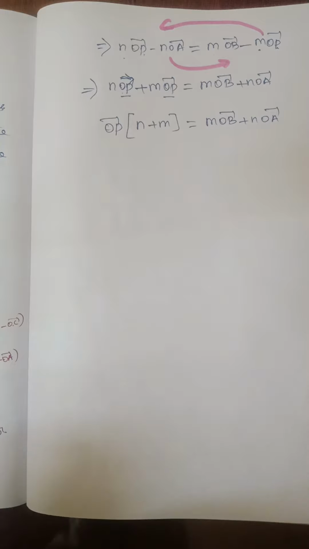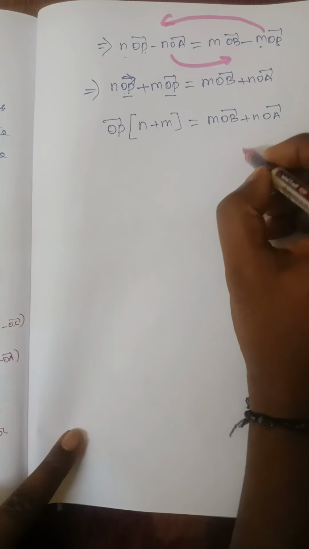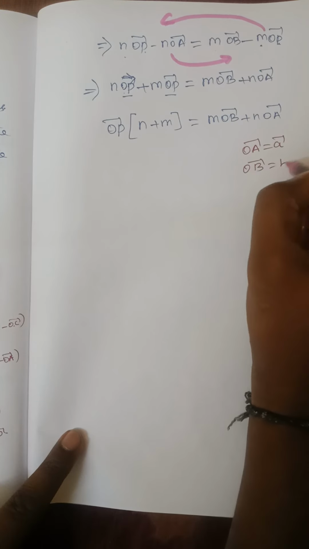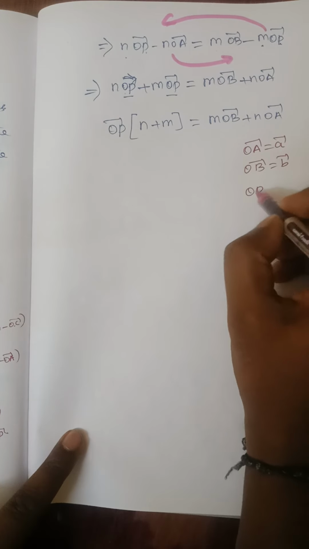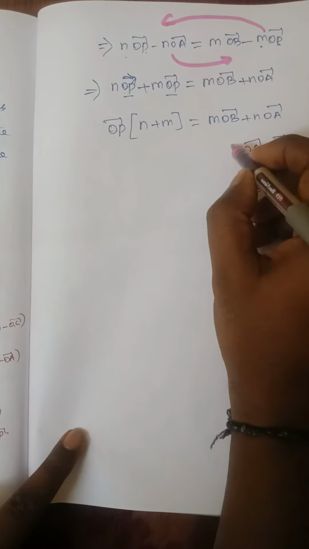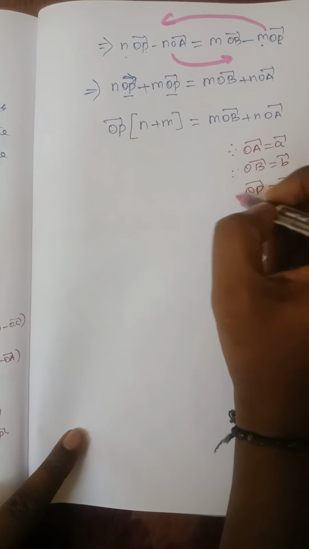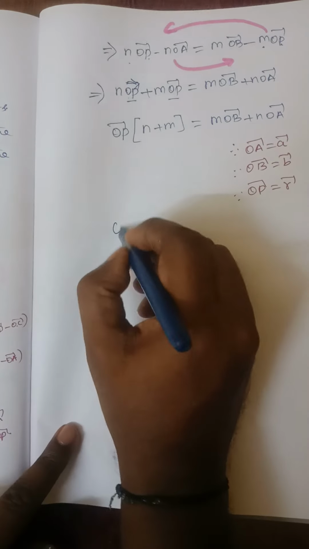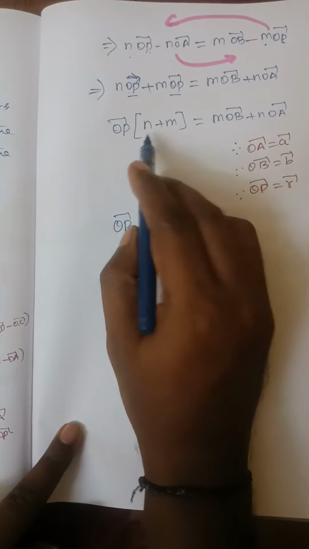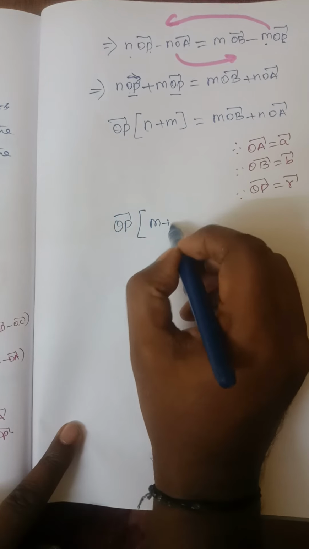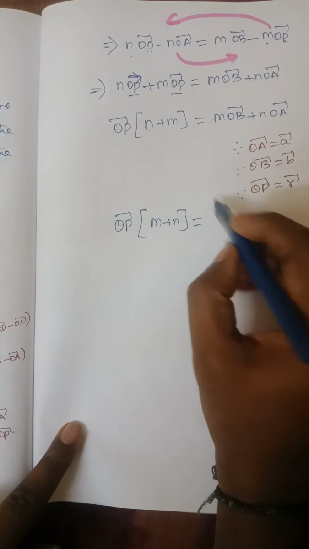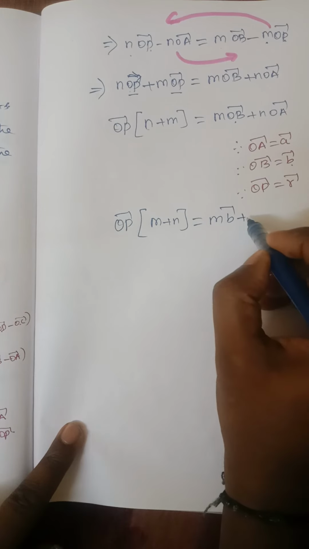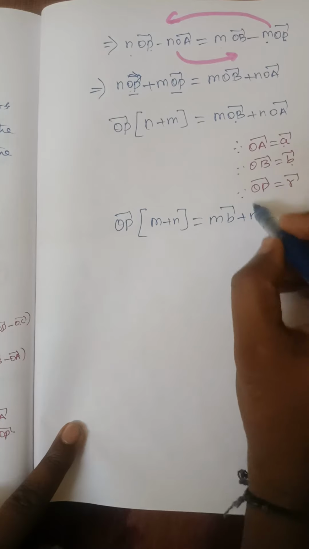Already we know that OA vector is equal to A vector, OB vector is equal to B vector, and OP vector is equal to R vector. Now I am going to substitute these. So OP vector into (m plus n) is equal to m B vector plus n A vector.